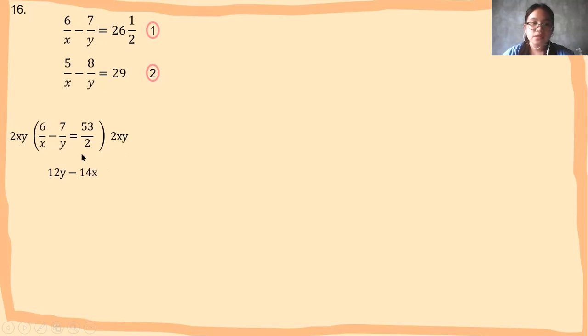On the right side, we have 2xy divided by 2 is equal to xy, multiplied by 53, we have 53xy. So next, let's transpose 53xy to the left side since it has a variable of x, then 12y to the right side.